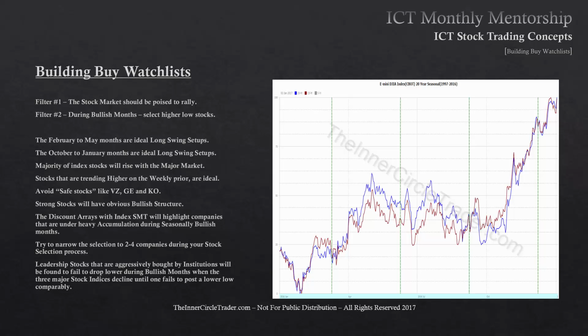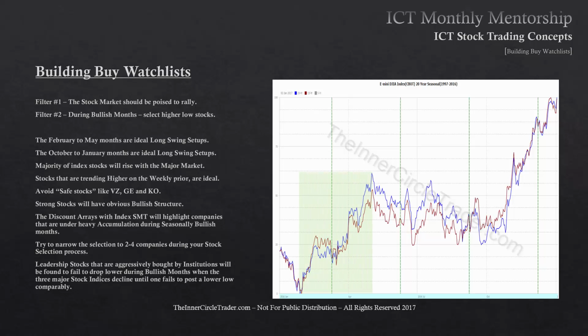When the NASDAQ, the S&P, and the Dow, one of those averages fails to make a lower low, that signals the overall market trend change to bullishness. At that same time, we're going to be looking for stocks to make higher highs at that same juncture. If it doesn't occur for that particular stock, then obviously that stock is going to be discarded and not concerned with.